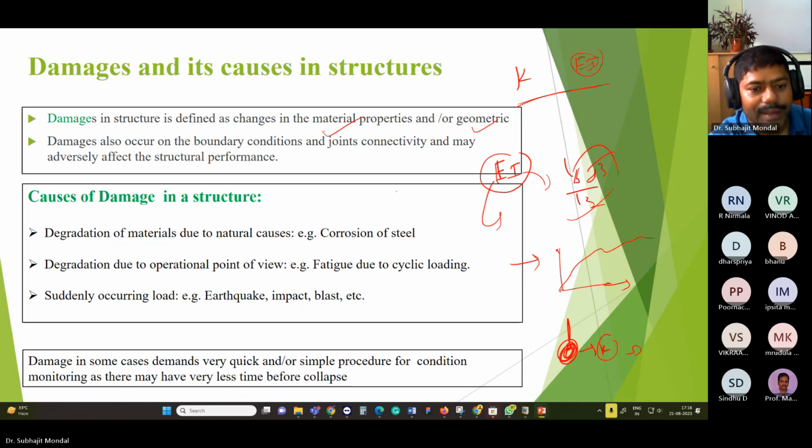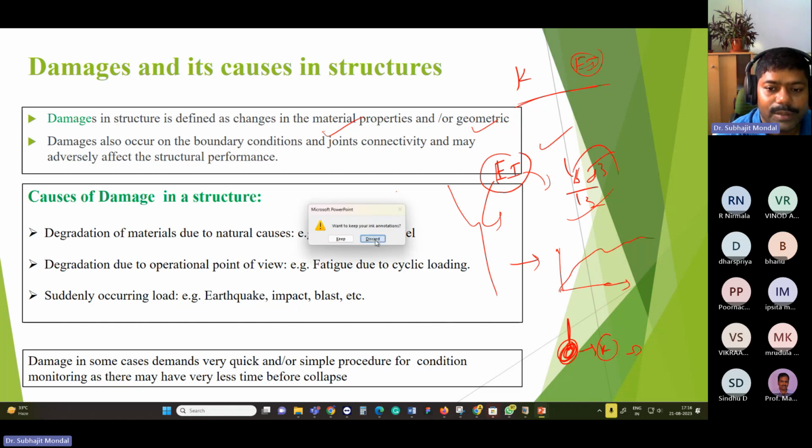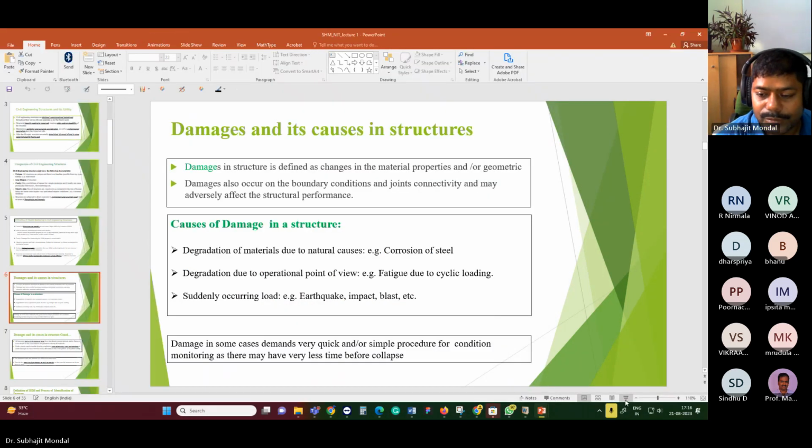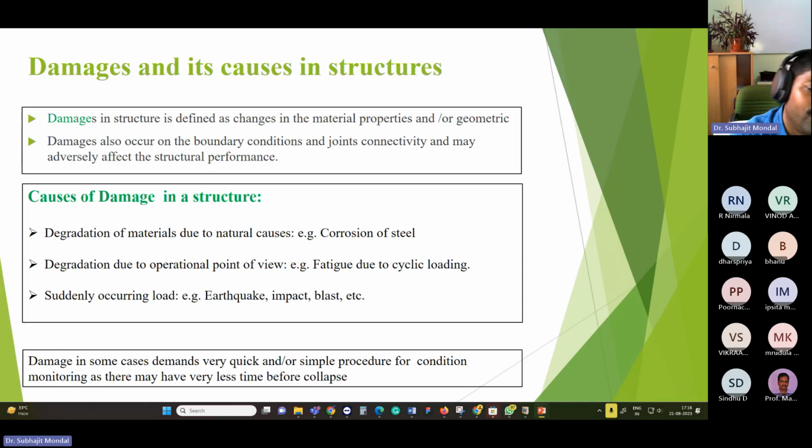Now, if you are able to model the damage, then we have to see what the causes of the damage are. If you are going for health monitoring, then obviously you have to go for the probable cause of the damage. It may be degradation of the material, degradation in the steel.